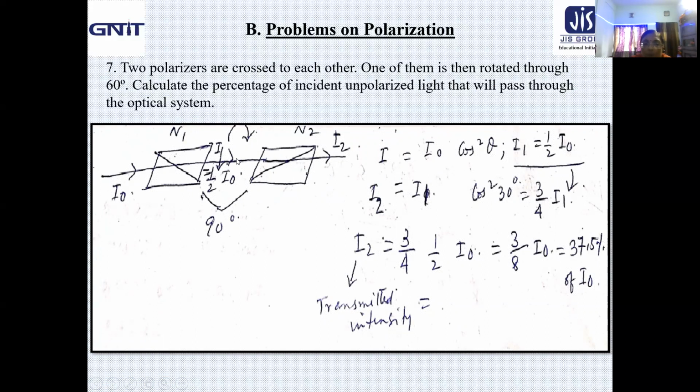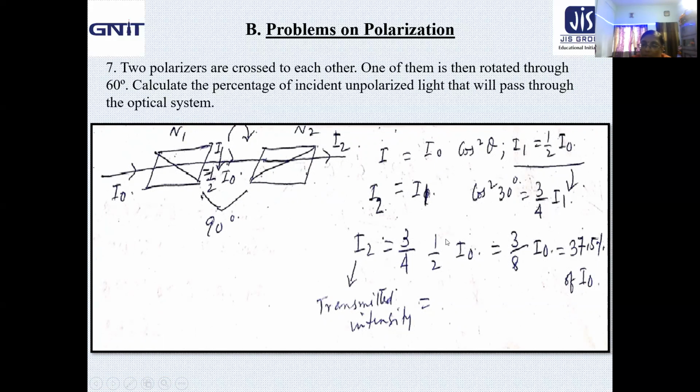So what about the output transmitted intensity? I2 equal to I1 cos square 30 degrees. Cos 30 means root 3 by 2, so cos square 30 is 3 by 4. So I2 equal to 3 by 4 into I1.